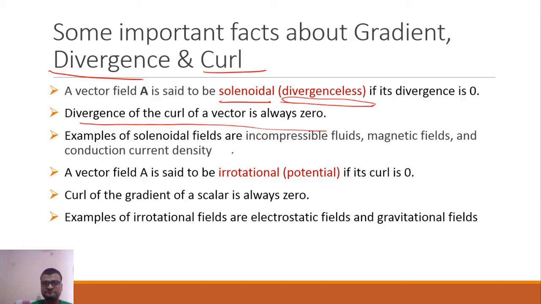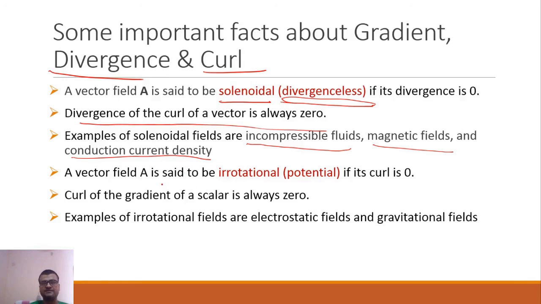Also, there are examples of vectors which are divergence-less. One example is incompressible fluid, another example is magnetic field, and the last example is conduction current density. There are various examples from various fields, but these 3 examples will help you understand the importance of solenoidal fields.